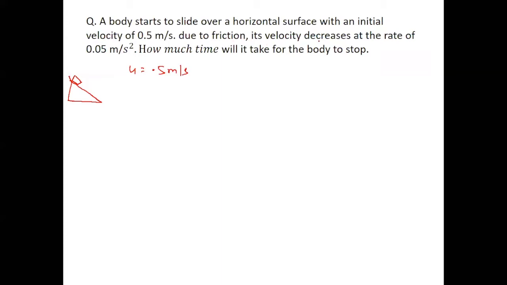Due to the friction, its velocity decreases at the rate of 0.05 meter per second. So acceleration, that is a retardation, is minus 0.05 meter per second square. How much time will it take for the body to stop? That means final velocity is 0 meter per second.